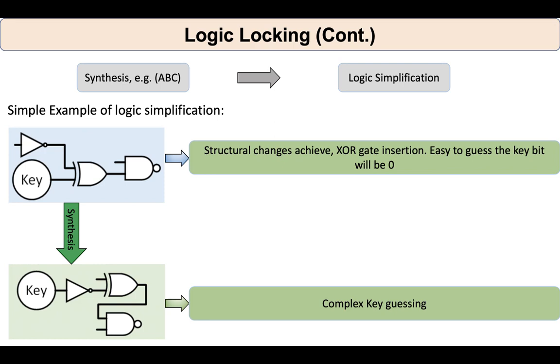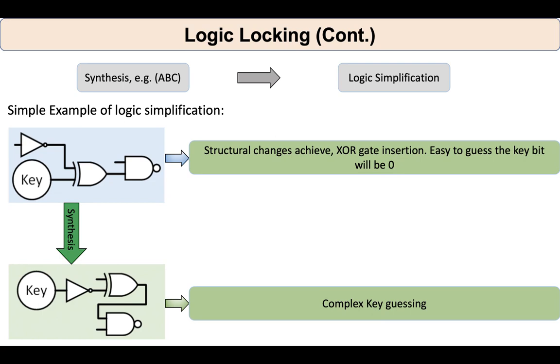Here, an XOR gate is inserted into an original design to make a structural change. By seeing this, we can easily detect that the key bit is 0. But after synthesis, it will not be easy to guess the key.